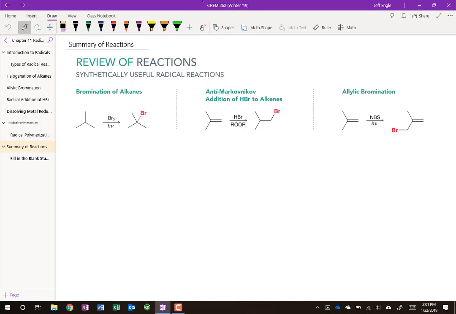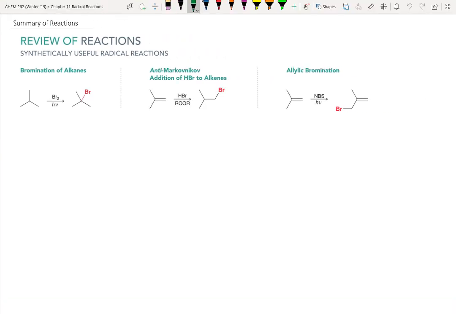Can you use the NBS for the bromination of alkanes, or is it only for the allylic bromination? It's only for allylic bromination for the most part. Yeah, it's really only used for that. The one thing you might also see in our textbook is if you have a system that looks like this.